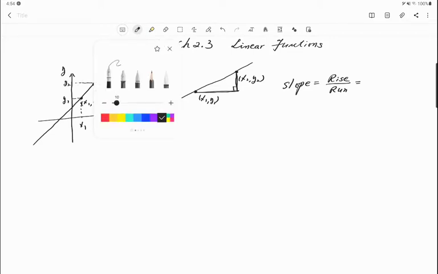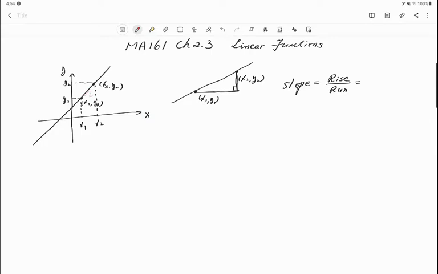From here, the rise means we go all the way up here. This distance is y2 minus y1. Then from here, we go horizontally to the right, and this horizontal distance is x2 minus x1.